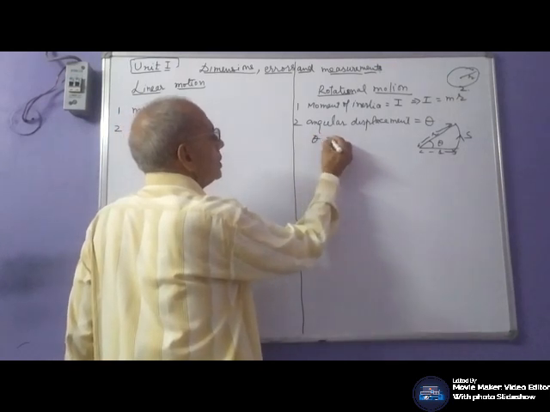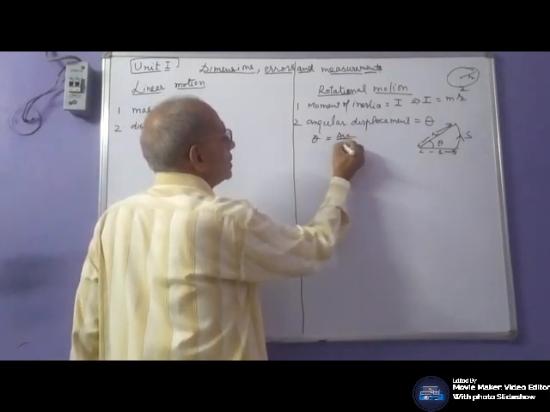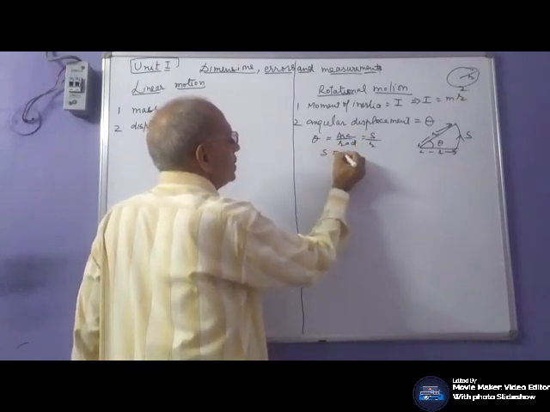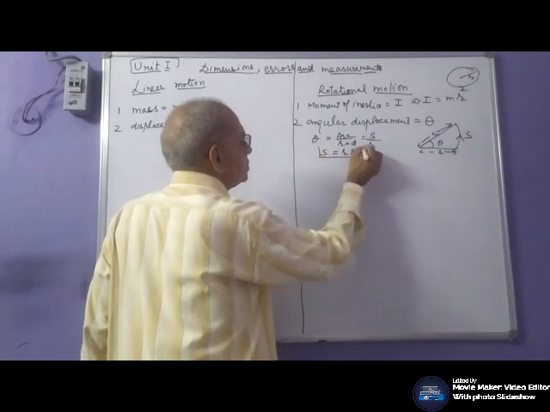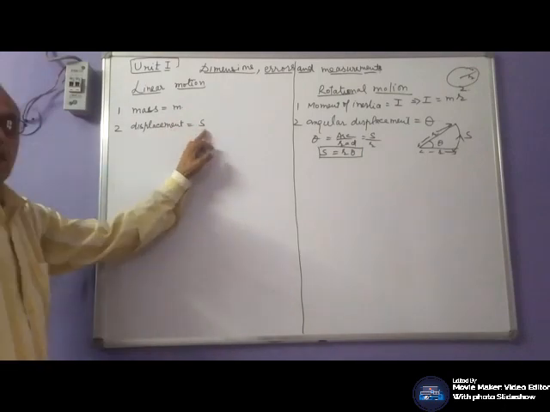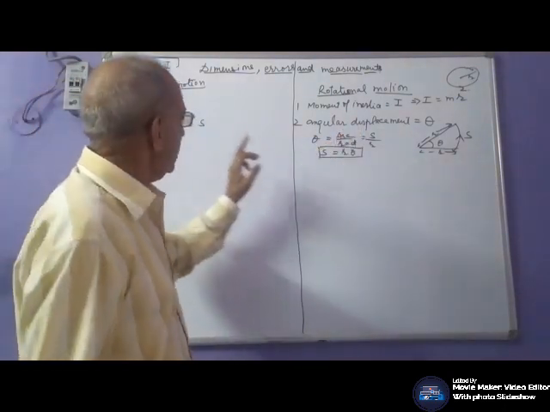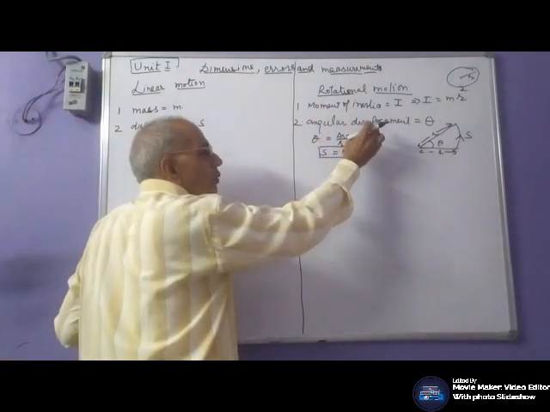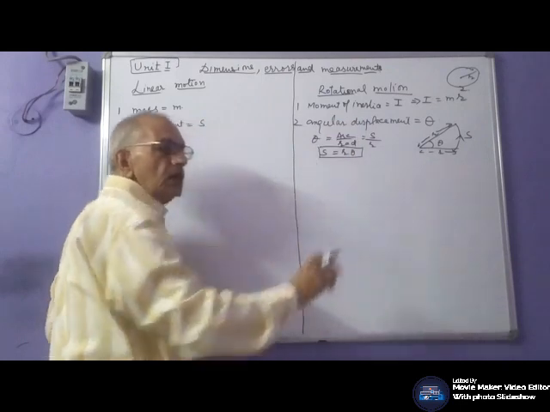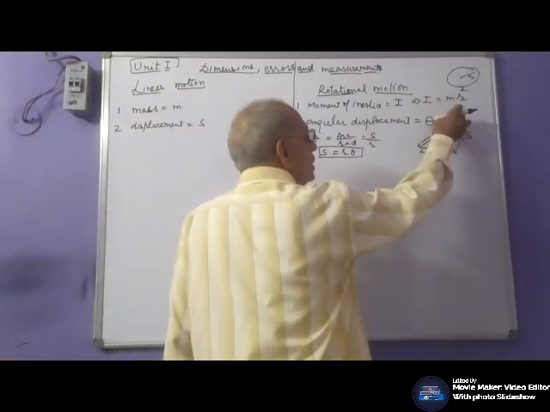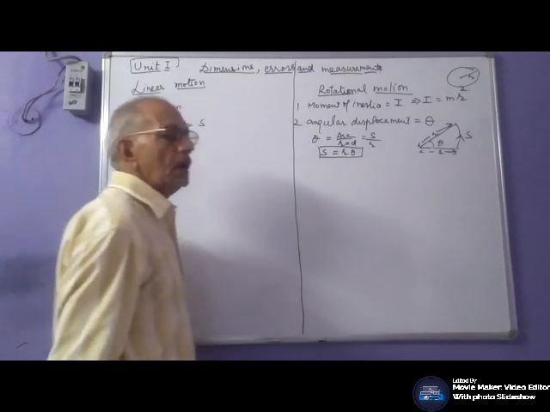Theta is arc upon radius, S by R, so S is R theta. S and theta are not equal. What role is played by S in linear motion? The same is the role of theta in rotational motion. Theta is what? Angle or angular displacement. The body was here, it came here. This theta is angular displacement.